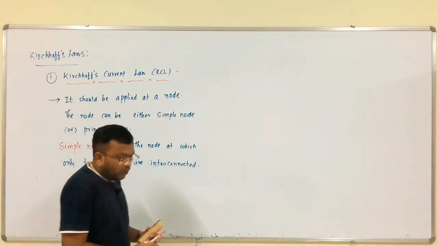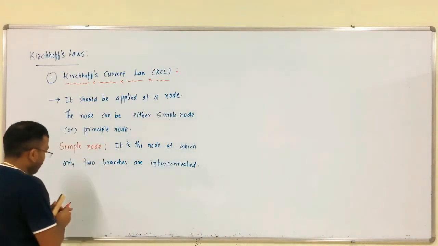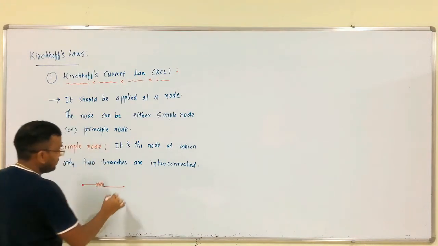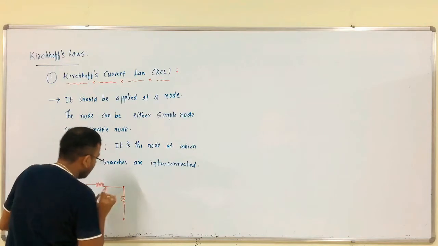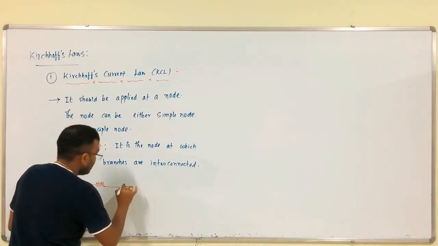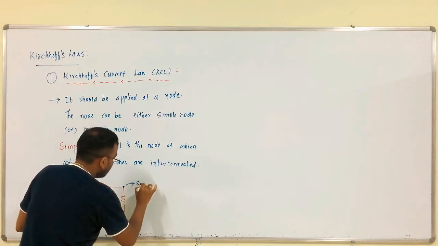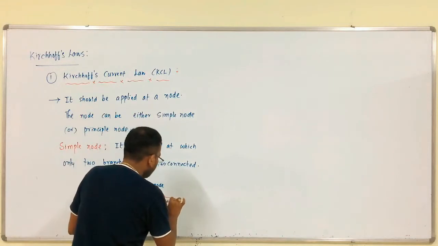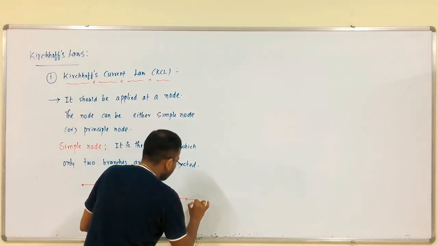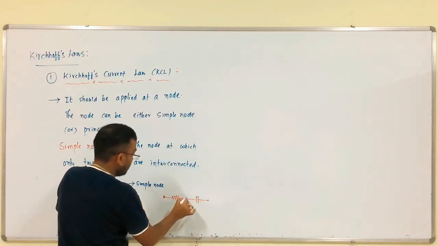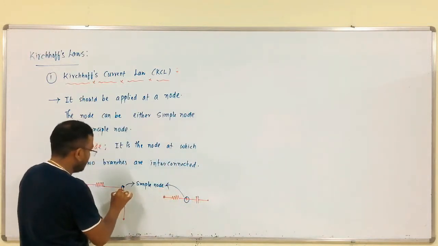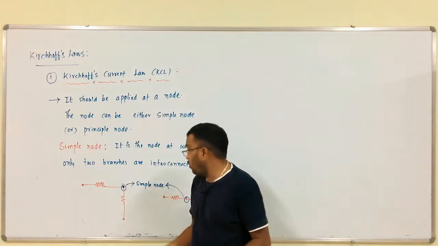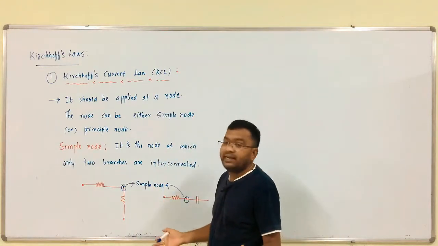So, for example, this is one branch, this is another branch. So, this is nothing but a simple node. Like this we have to analyze, that is simple node. So, it is the node at which only two branches are interconnected.